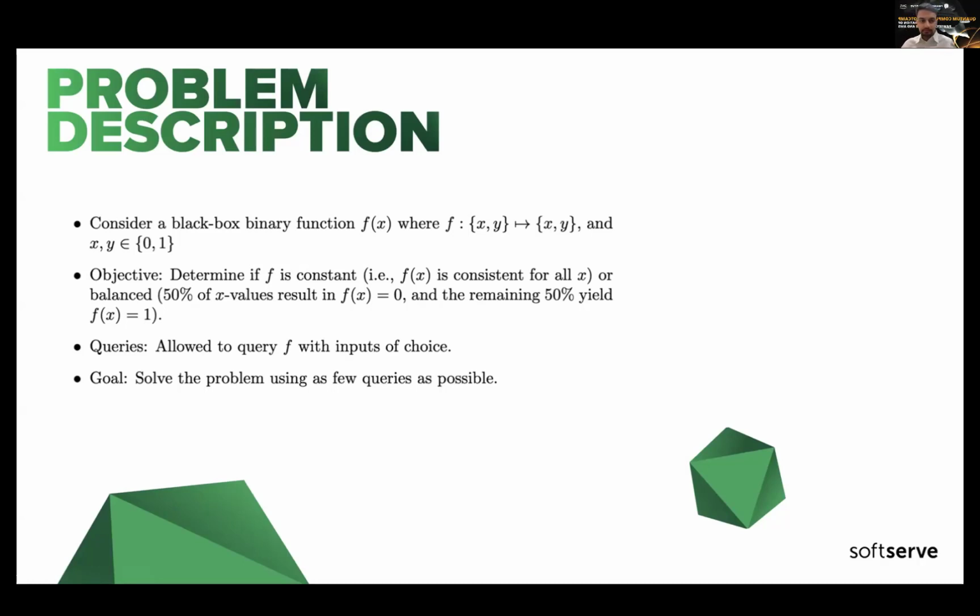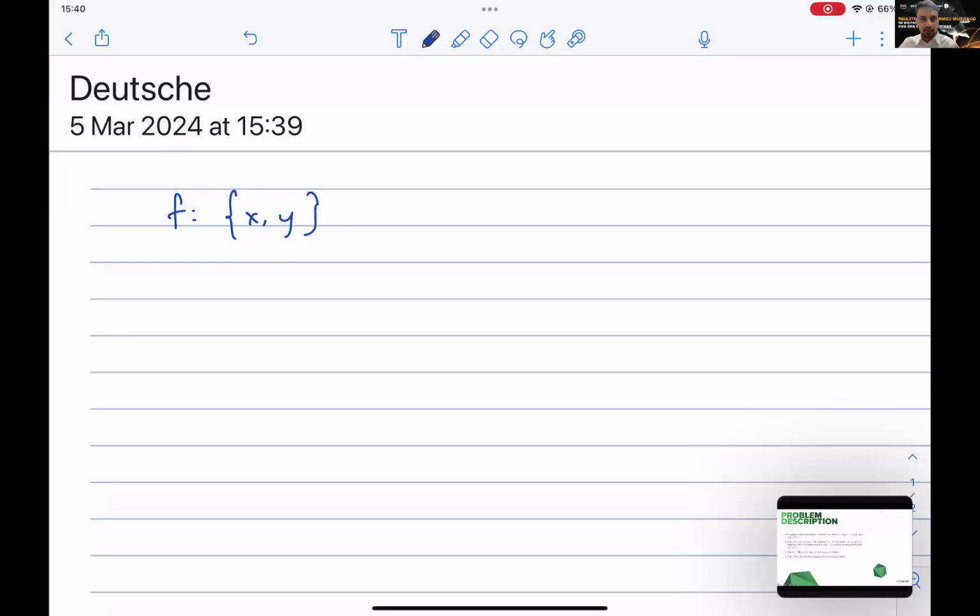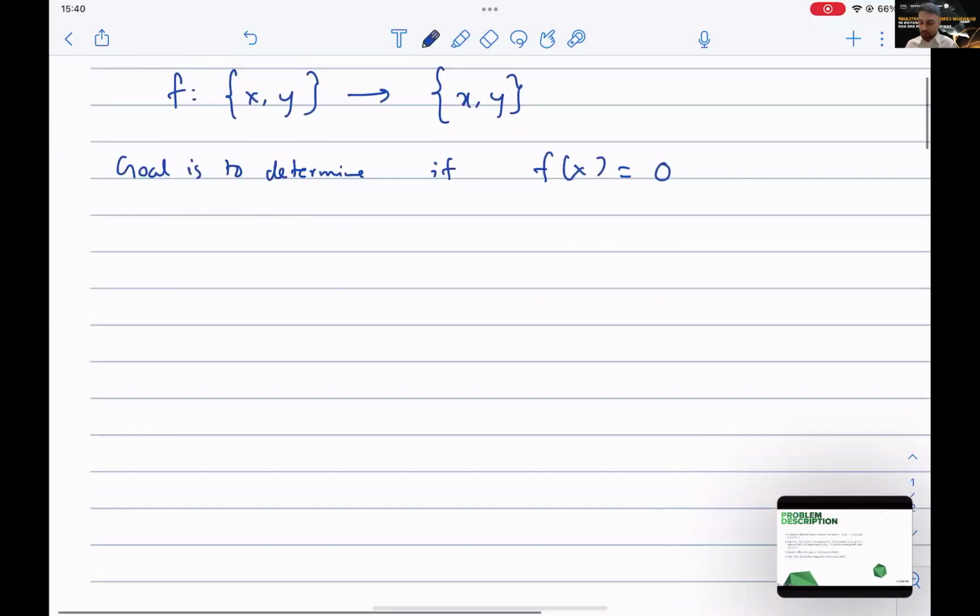So what you have is this function that acts on bit strings x and y. Oh, sorry, am I not sharing my iPad screen? I am, okay. So this gives me this thing. Your goal is to determine if f(x) equals 0, which means it's constant.